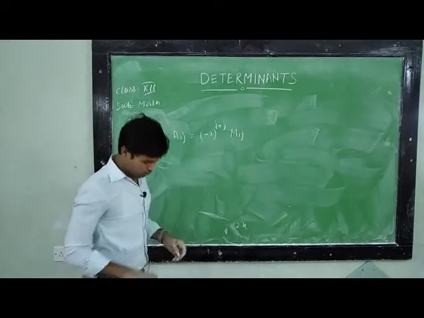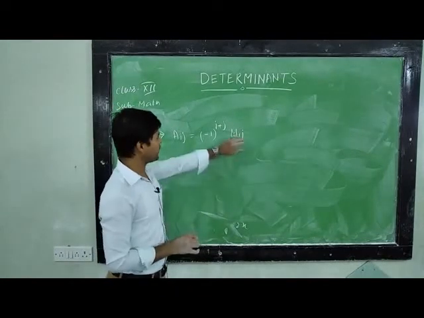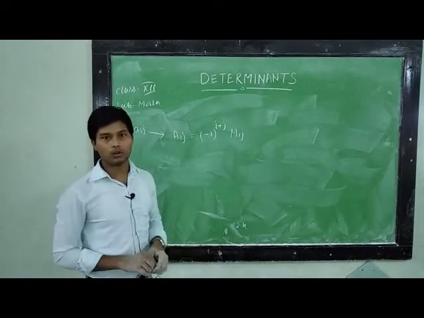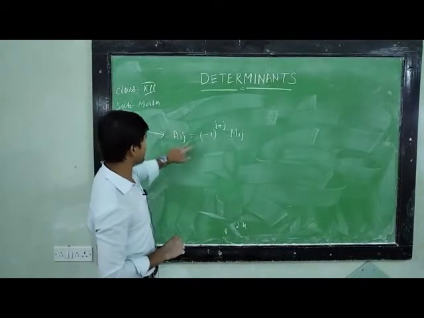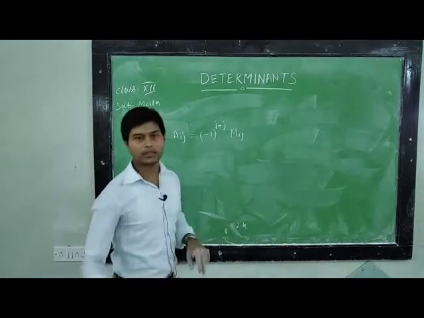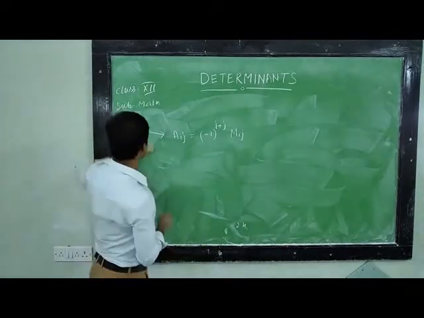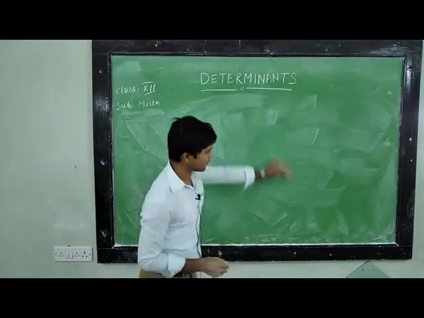It means if we choose an appropriate sign for a minor, it gives the cofactor. So this is the cofactor. Cofactor is denoted by capital Aij and minor is denoted by capital Mij. I'm giving an example that will show you how to calculate the minors and cofactors.